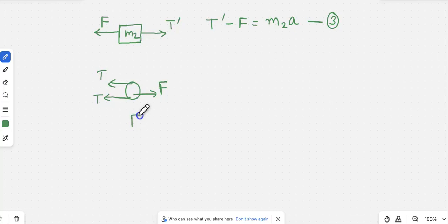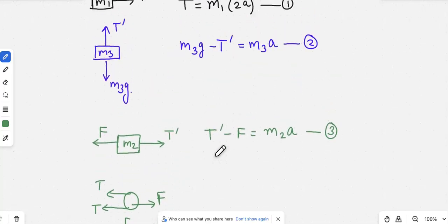Since the pulley is massless, we can write this equation directly. F is equal to 2T. Since mass times acceleration will be 0, F will be equal to 2T. So we got this equation over here. So F is equal to 2T. So we have T dash minus 2T is equal to m2a as our fourth equation.